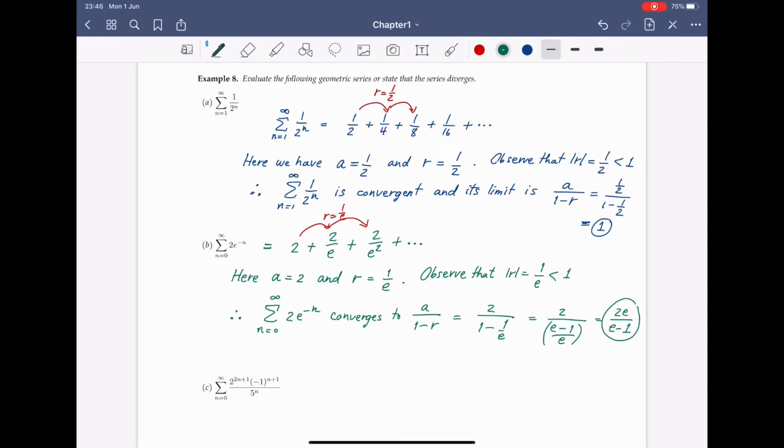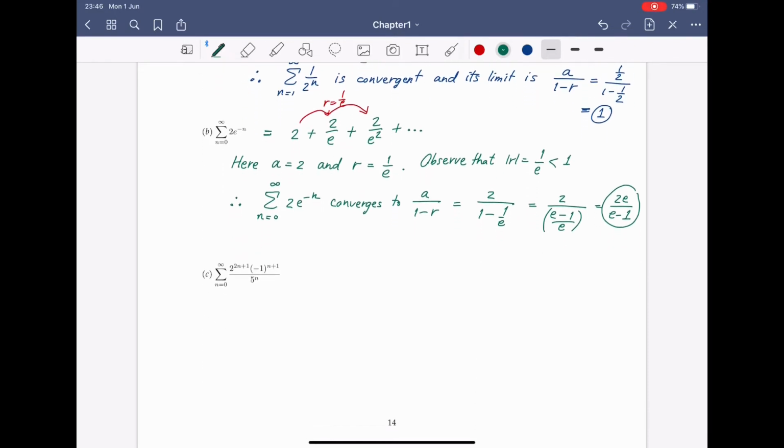Does it make sense? This is supposed to be easy content for you, so you just need to simplify and figure out your first term a and your common ratio r, and that's all. Alright, let's look at part C. So for part C, I'm going to expand this again. Before I expand, I'm going to simplify first because it looks messy now.